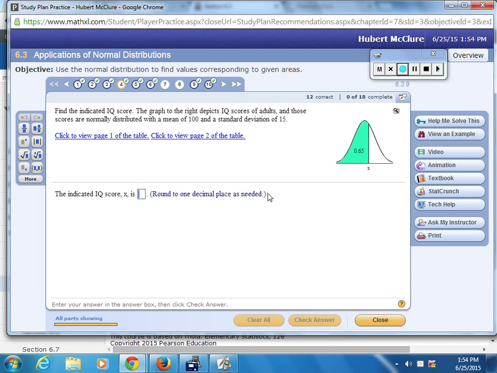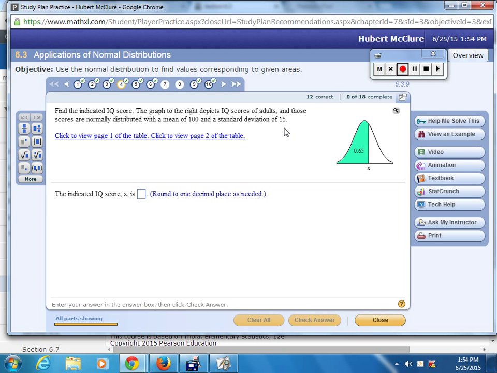All right? Look at this question and tell me what the difference is. The shading is a different color green. No, that's not the difference. Well, what do they give you? The mean and standard deviation has changed. Now it's 115.